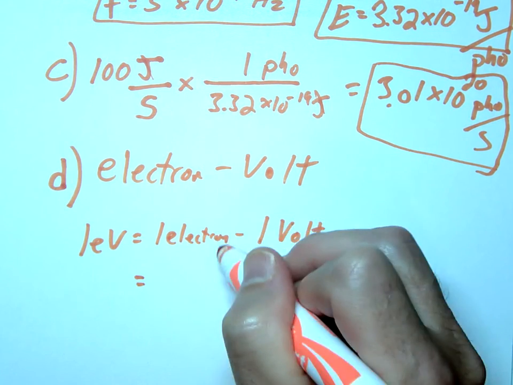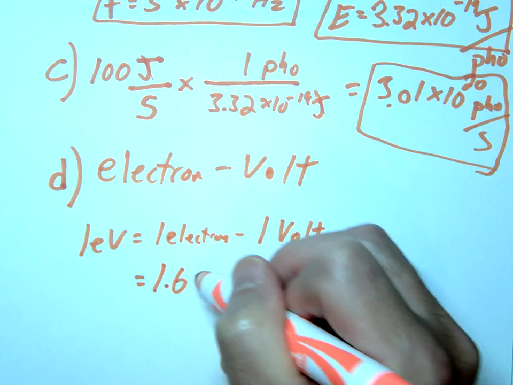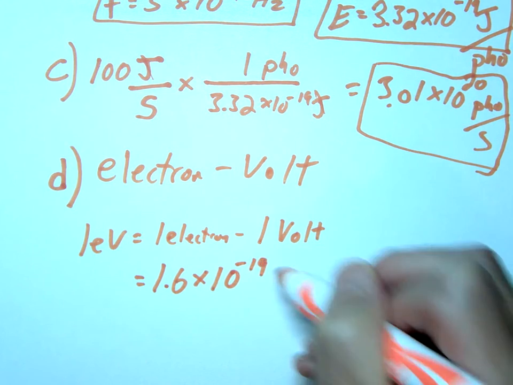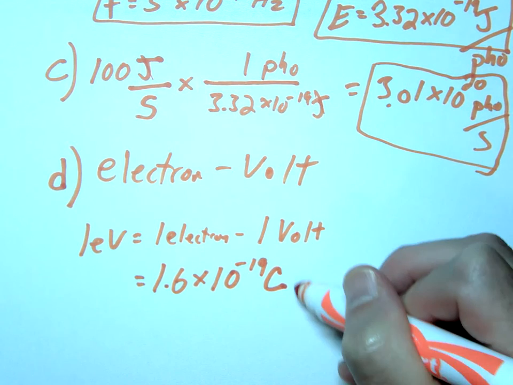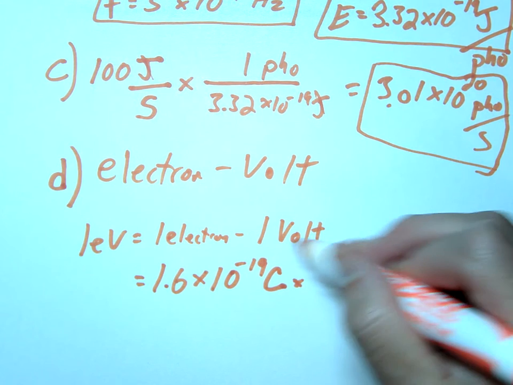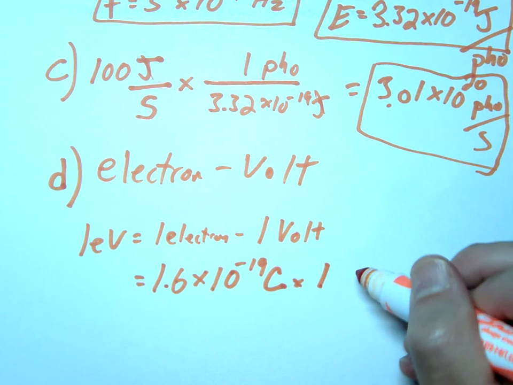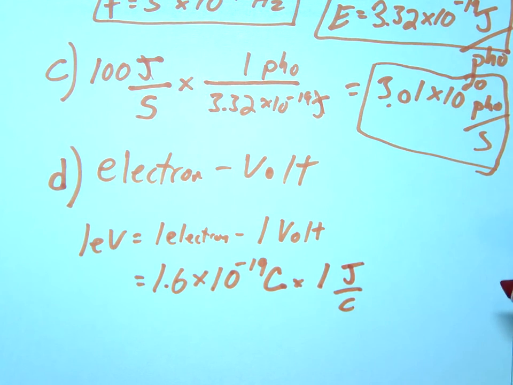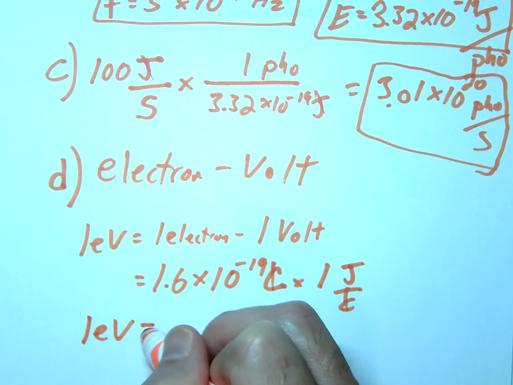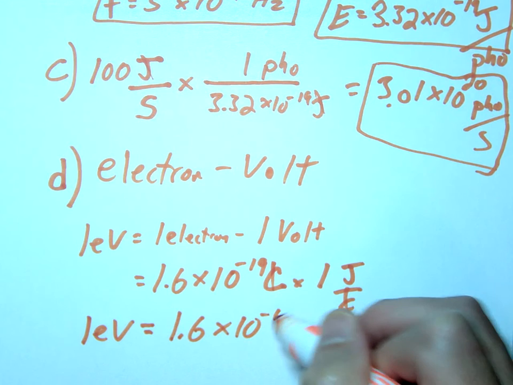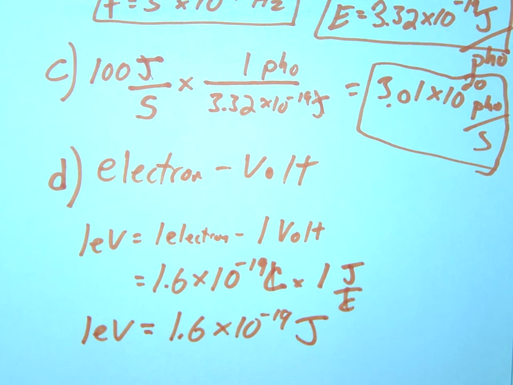So remember the charge of 1 electron, if you remember back to last year, is 1.6 times 10 to the negative 19. The units for that was a coulomb. And 1 volt, if we break this down into its bare unit, is a joule per coulomb. So notice what happens here. We can say 1 electron volt is equal to 1.6 times 10 to the negative 19 joules.